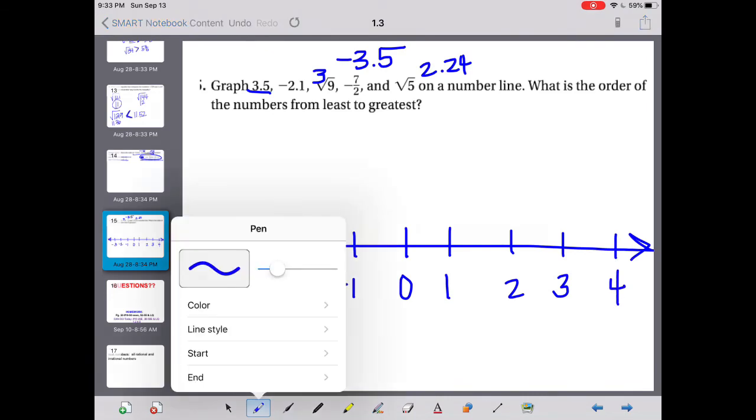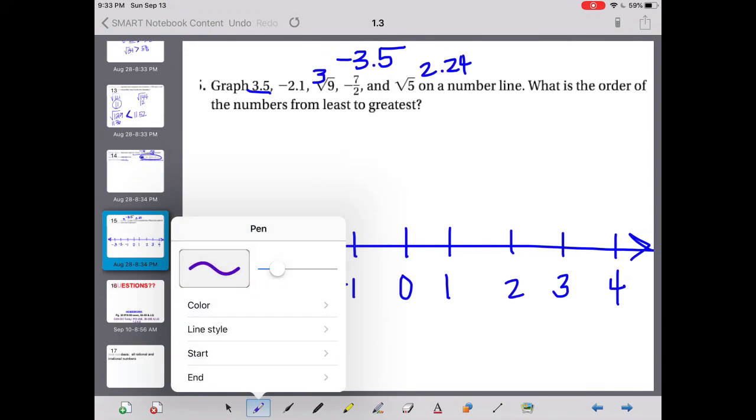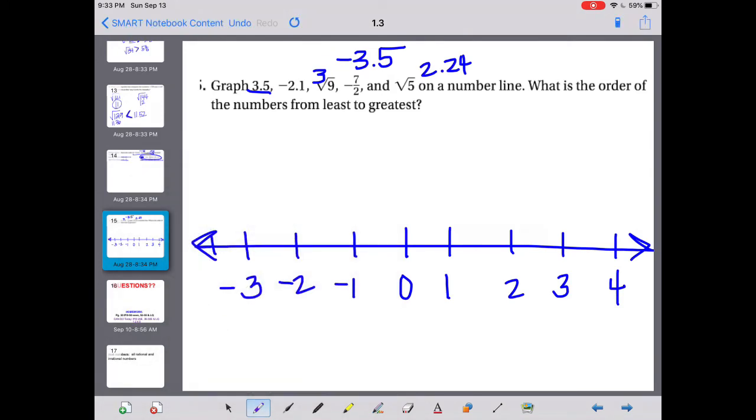Okay, and then we're going to put dots on our number line where these numbers actually fall. So 3.5 falls right in here in the middle of 3 and 4 on the positive end. Then we have negative 2.1, so that should be pretty close to negative 2. Oh, we should label these.